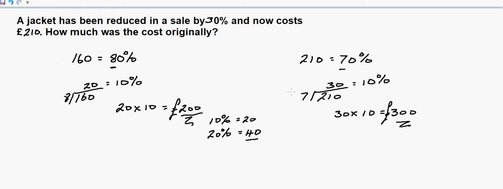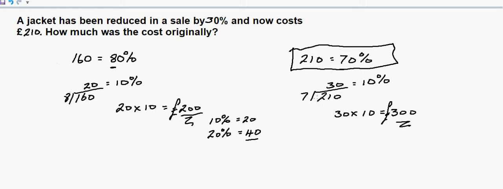I've seen students do it in lots of different ways, and they come up with weird figures like £301.42. So it will always at GCSE come out to a nice, reasonable figure, usually. But the key is finding what percentage represents that amount. Then use that to find 10%, and then you're off and running.